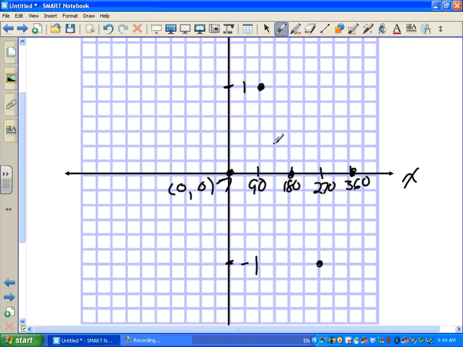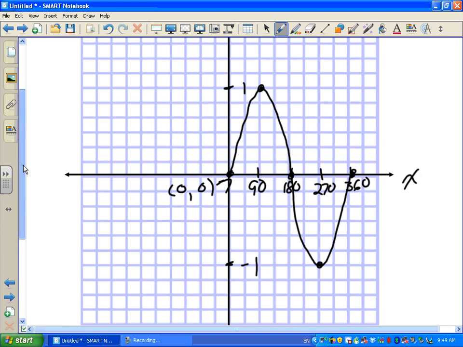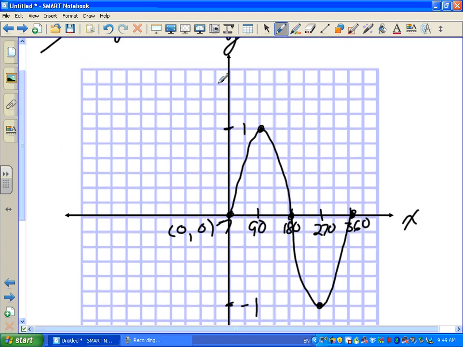So, I'm going to quickly show you this part, and I'm going to show you how with a calculator you could have solved this. Gentlemen, if you watch this part, our key points are 0 and 0, 90 degrees and 1, 180 degrees and 0, 270 degrees and -1, and finally 360 degrees and 0 again.